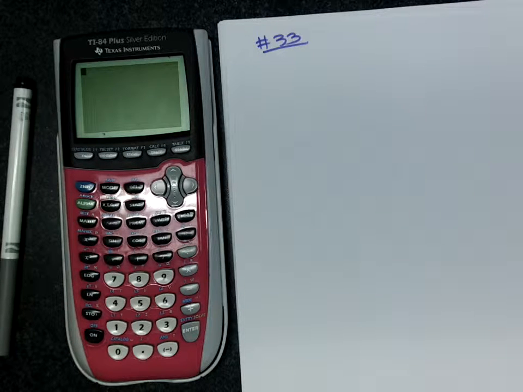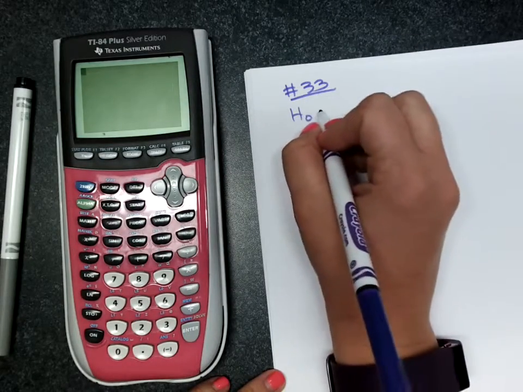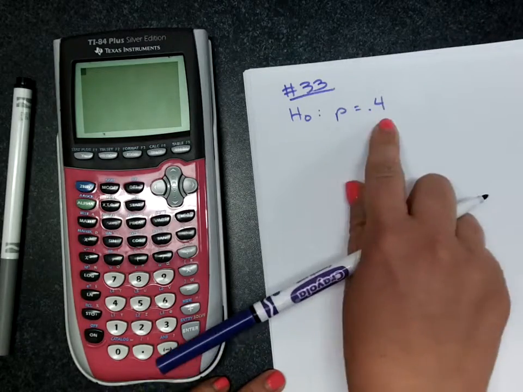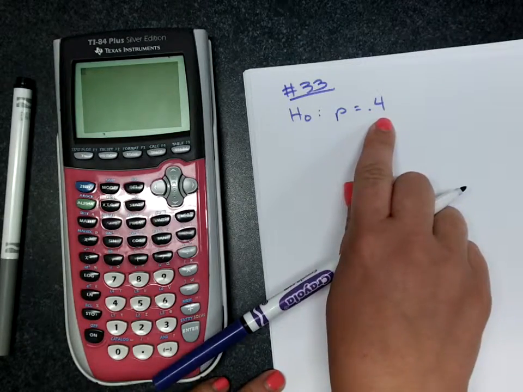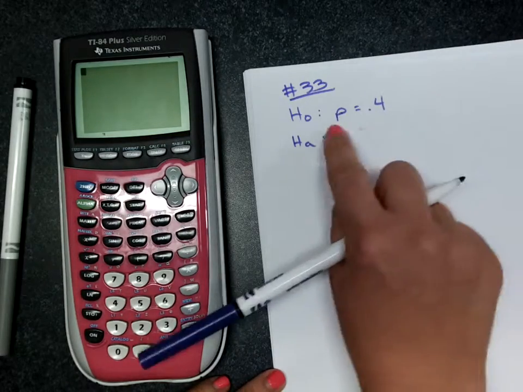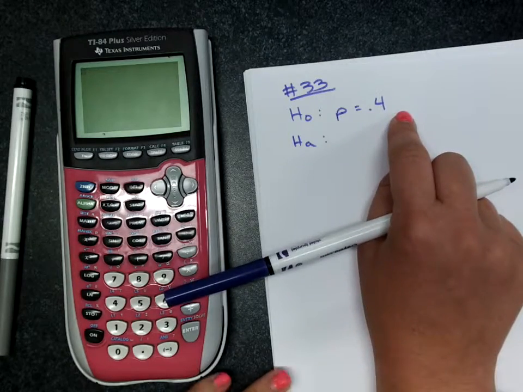It says test the hypothesis using the classical approach and the p-value approach. So I'll show you both. The null hypothesis is that whatever we're referring to is equal to 40% or 0.4. That's the claim, kind of the innocent 40%.